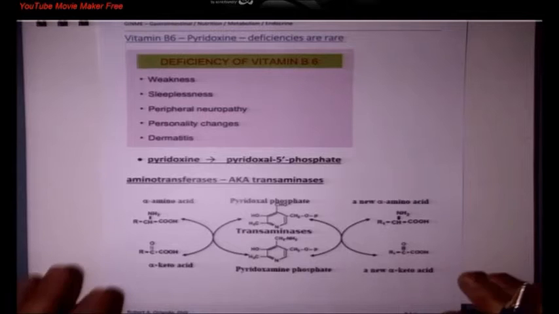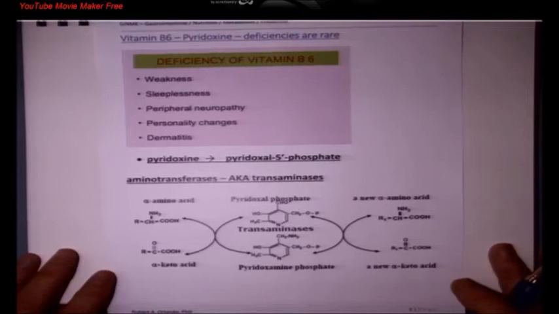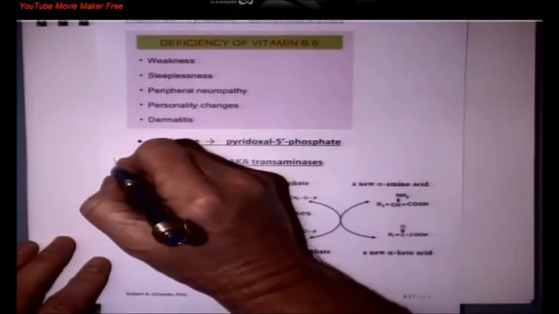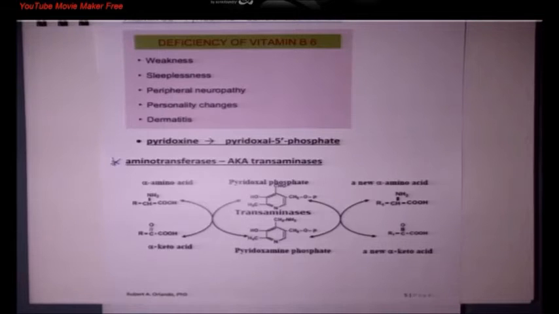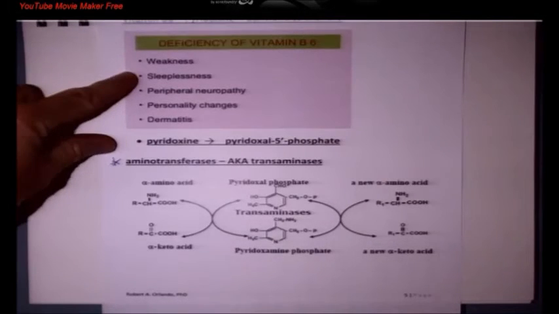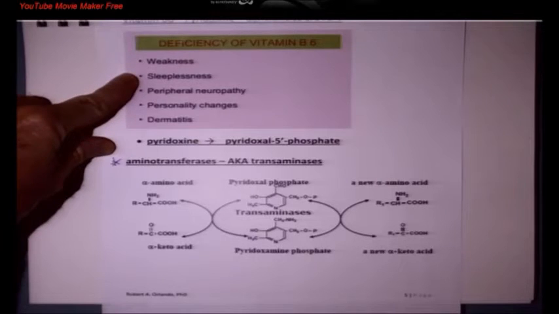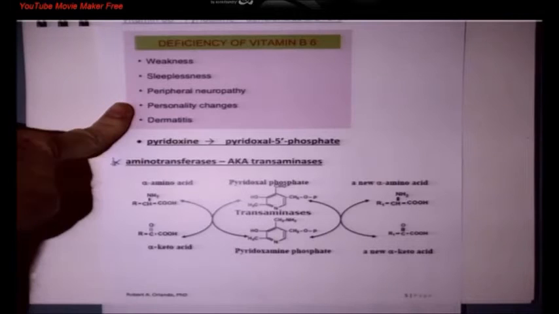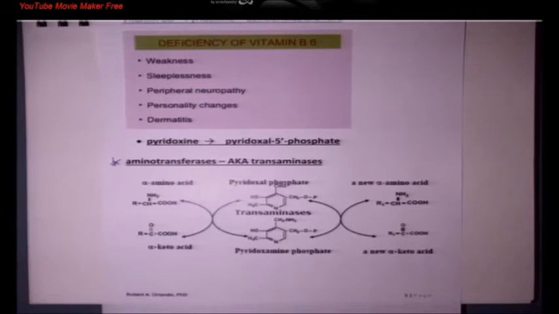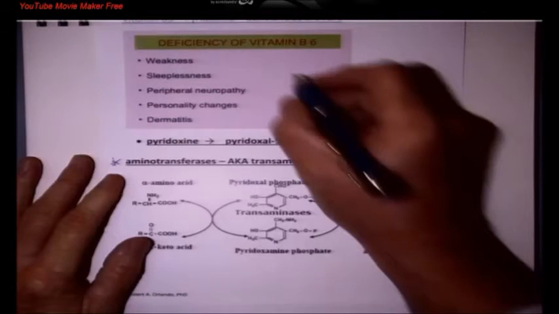The most important one for this block is involved in the aminotransferase activities. Now, if you have a deficiency in aminotransferase, would you expect to see weakness, sleeplessness, peripheral neuropathy, and personality changes? And what would be causing that? Yeah, hyperammonemia.